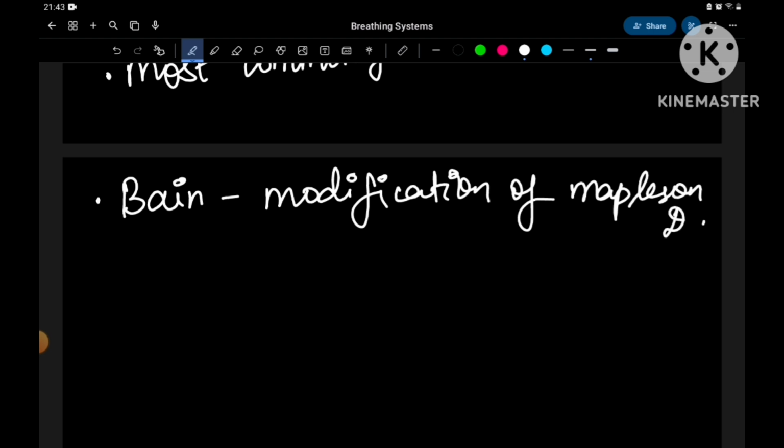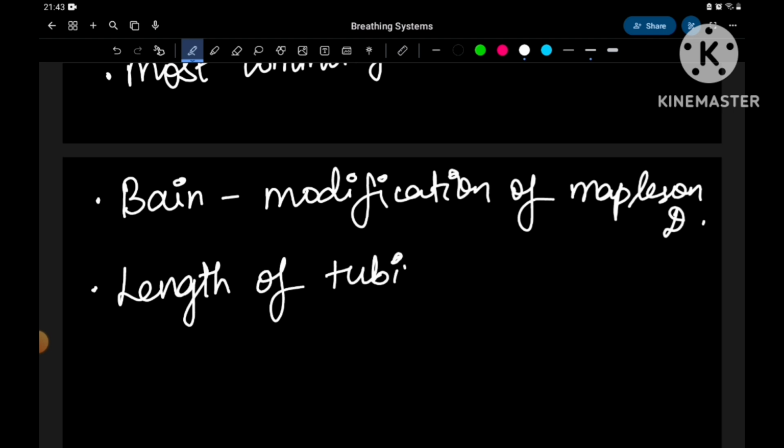So what is the length of tubing? Bain is the most commonly used circuit. We could have seen that while shifting and all, and oxygen cylinders, we connect this Bain circuit only. What is the length of tubing? It's an important question. It is 1.5 meters, guys.